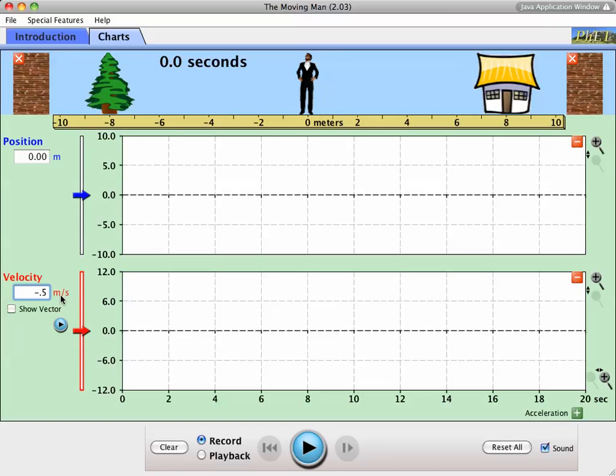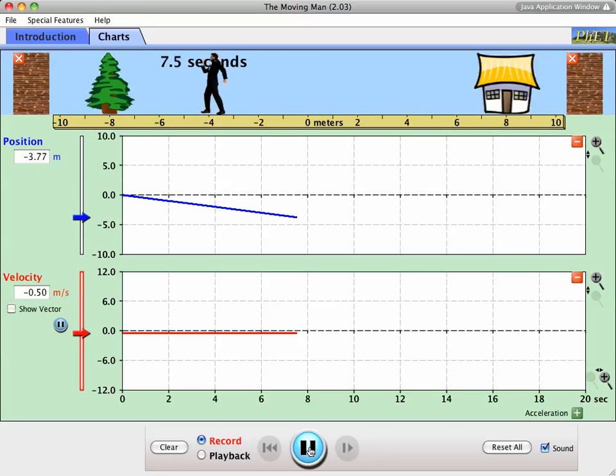Let's go ahead and test it and see what happens. So now I'm going to hit the play button and take a look at what's happening. Why is it going so much slower? And what do you notice is different between the position time graphs and the velocity time graphs in the example that we did before? And does it make sense?